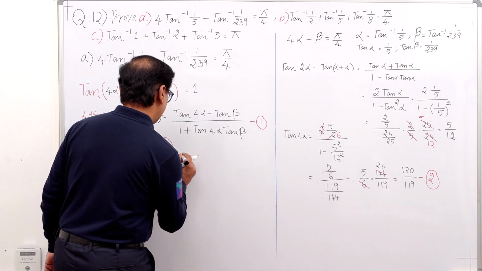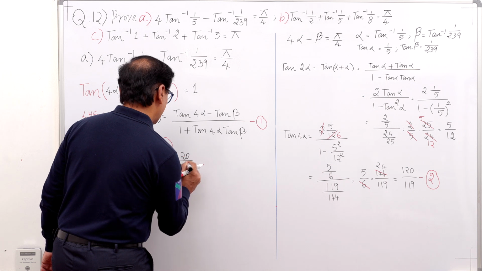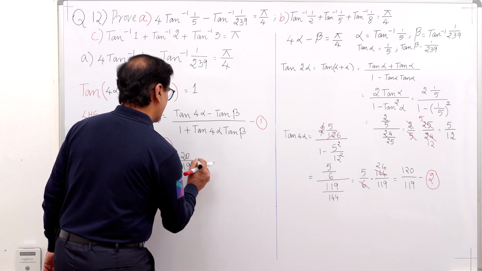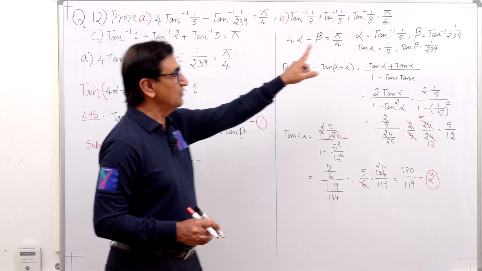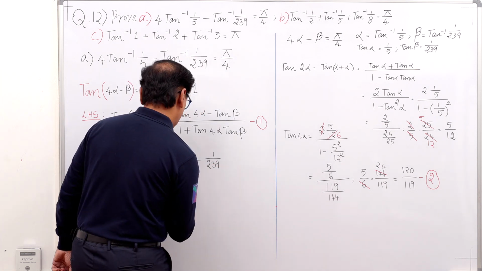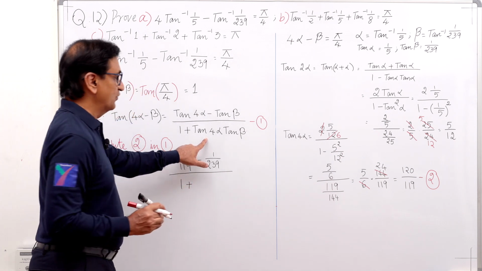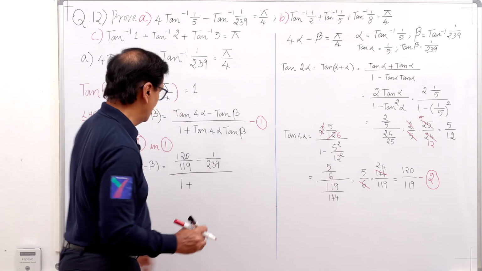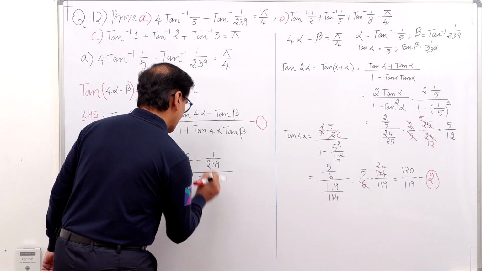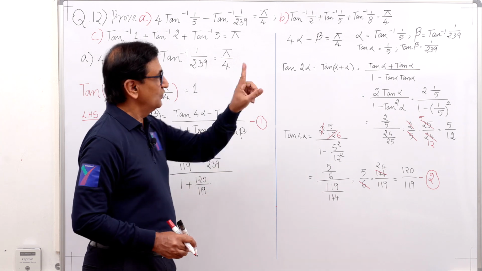So 120 divided by 119 minus tan beta, which is 1 over 239, the whole thing divided by 1 plus tan 4 alpha, again 120 divided by 119, multiplied by tan beta, 1 over 239.